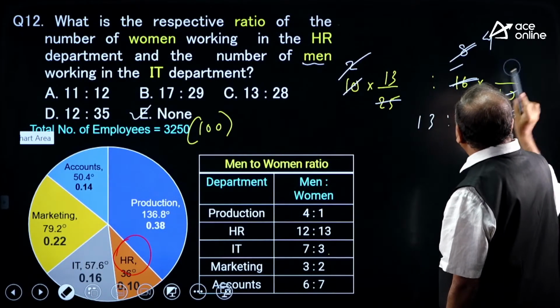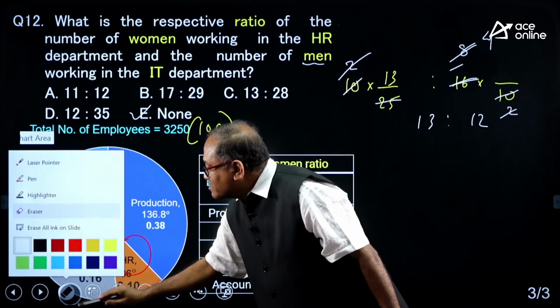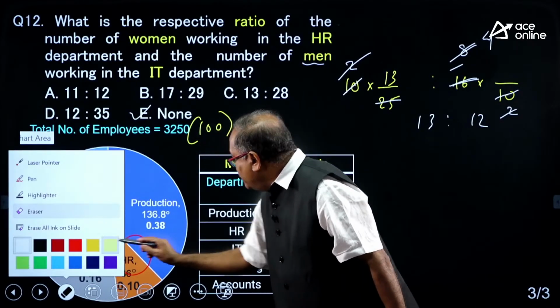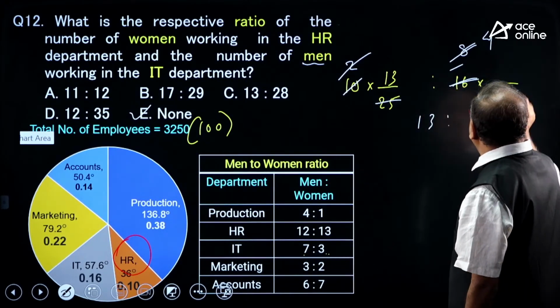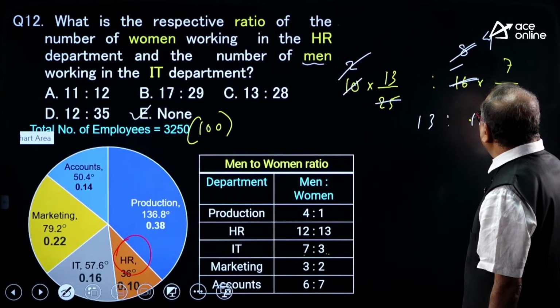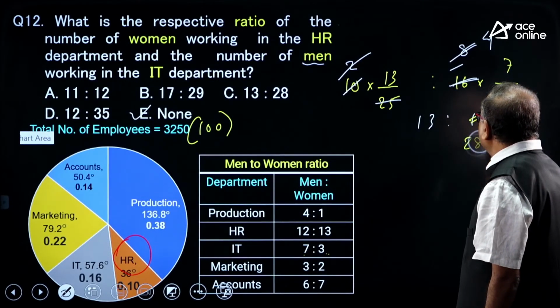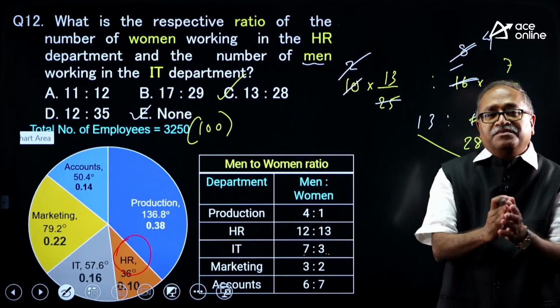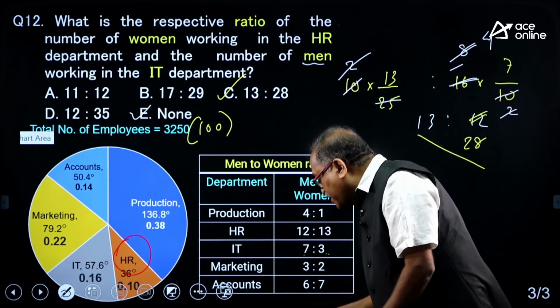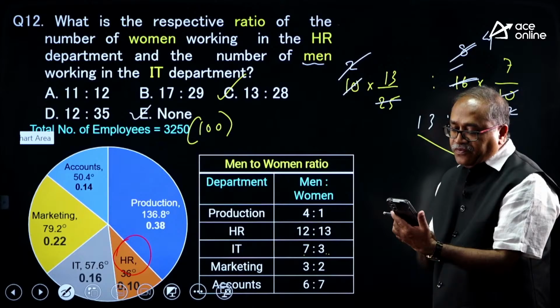So, this number is 7, men in IT department 7 over 10. So, 7 4 is 28. So, 13:28 should be my answer, option choice C. Beautifully corrected me, thank you very much my friends.